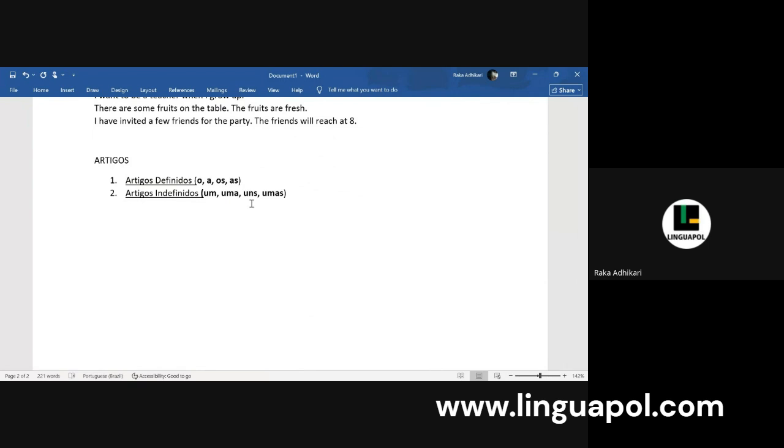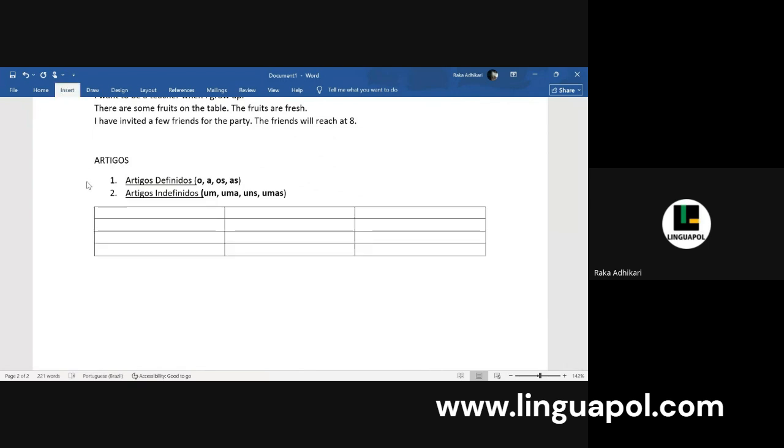You will better understand this with the table, just like you have the table in your book. We'll make the same table here. So let's say masculine, feminine, singular, plural.